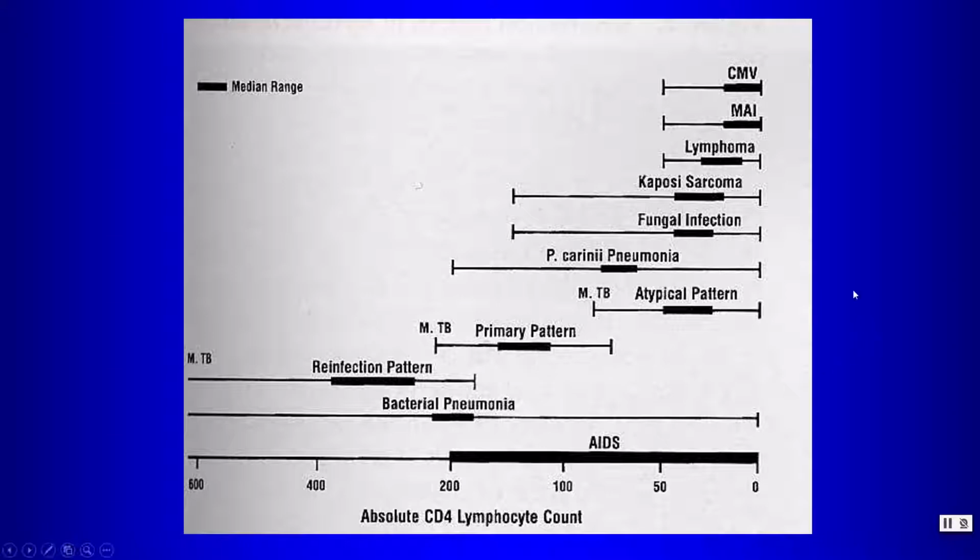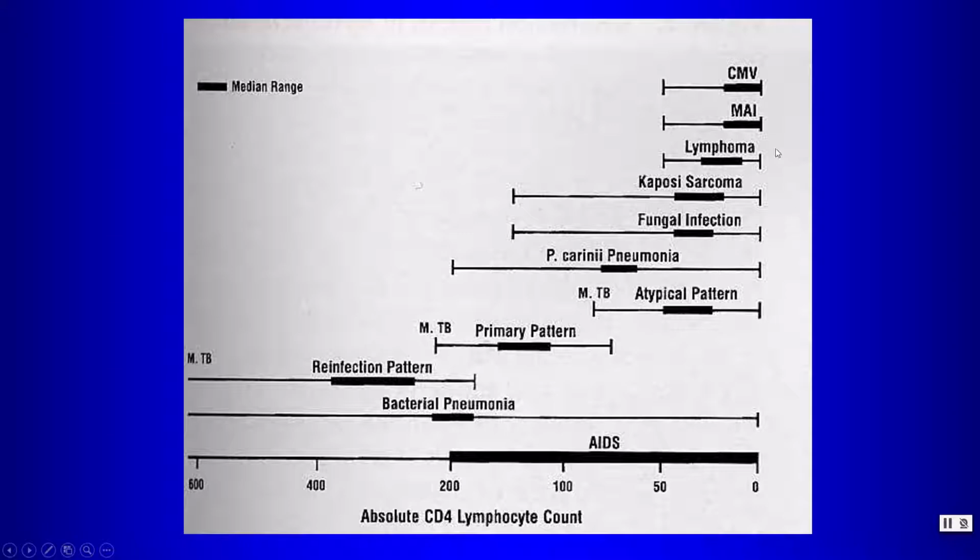They can have atypical patterns when the CD4 count gets very low, and as the CD4 count gets lower, then they are prone to more unusual infections like pneumocystis infection, fungal infections, and then neoplasms like Kaposi's and lymphoma, especially with low CD4 counts.